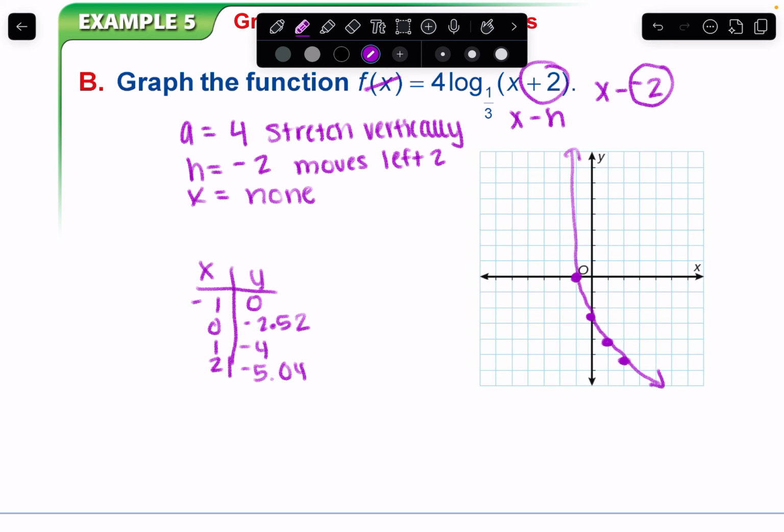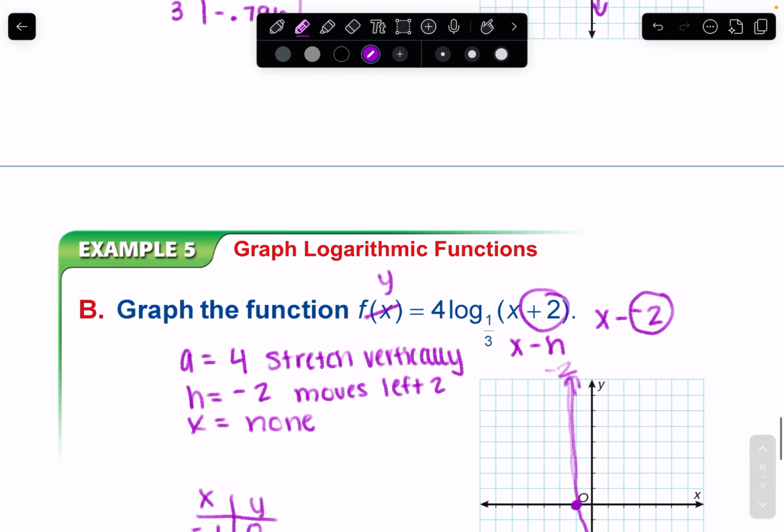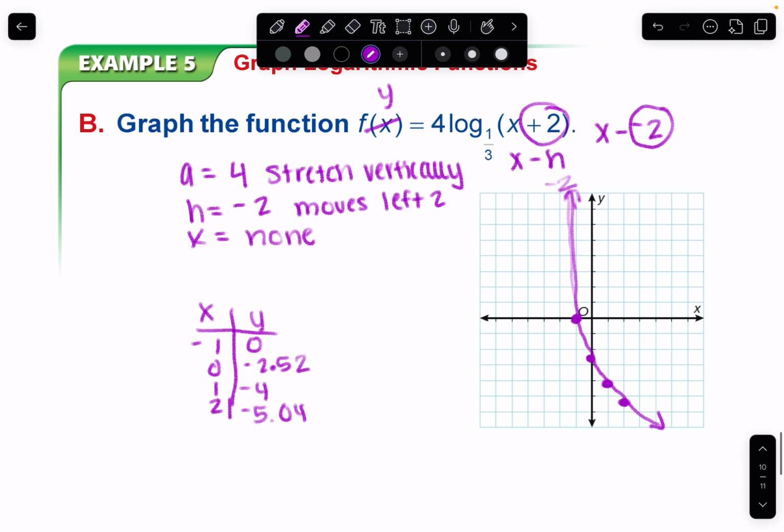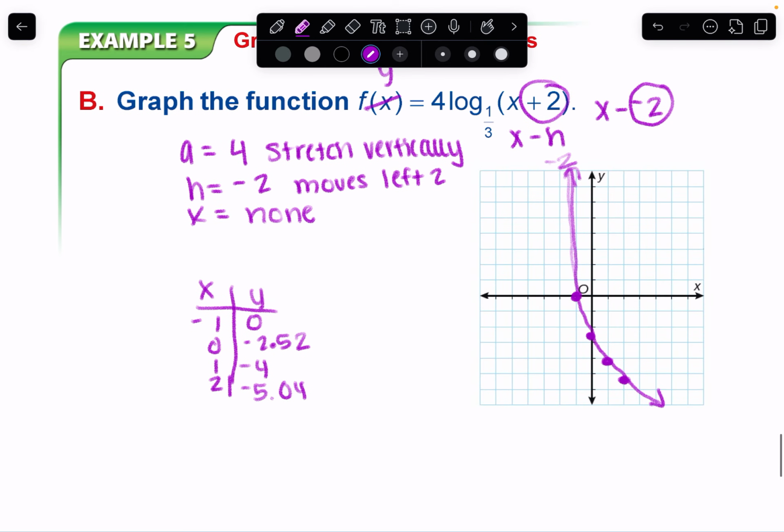If you were to plug in -2, it would be undefined. The reason for that is this line right here is never going to cross over the -2 line. Versus the last one, this is something that's going to look compressed, where it's a much tighter shape, versus something that's stretched is going to be closer to a straight line. So again, that's your answer.